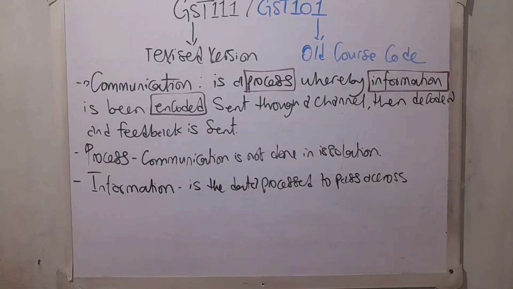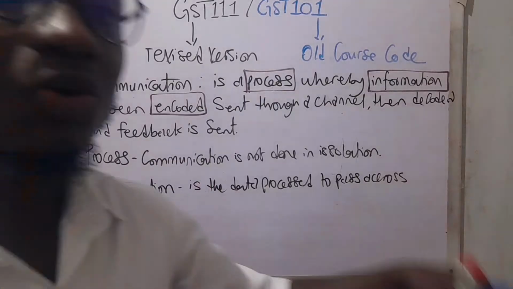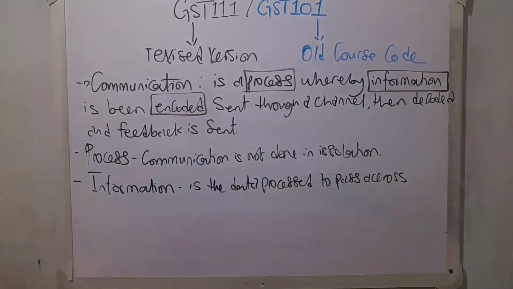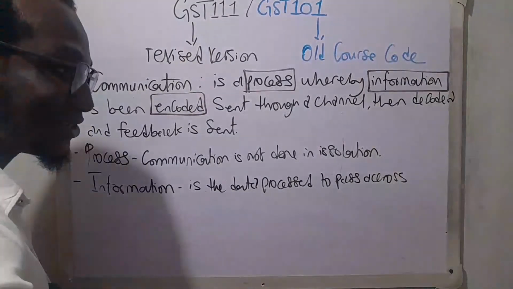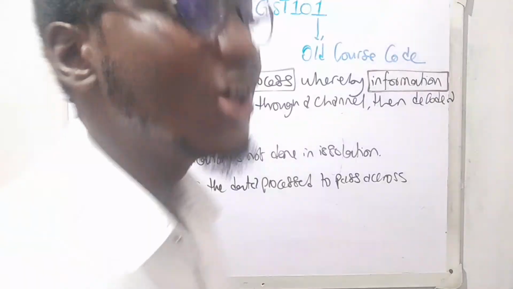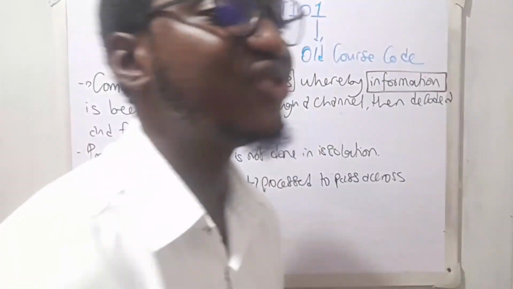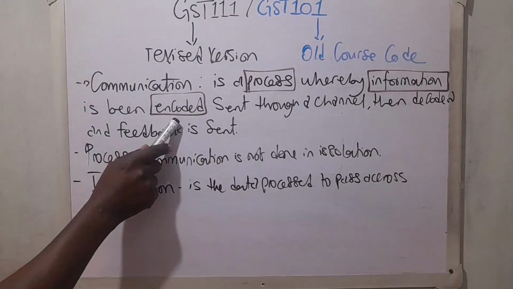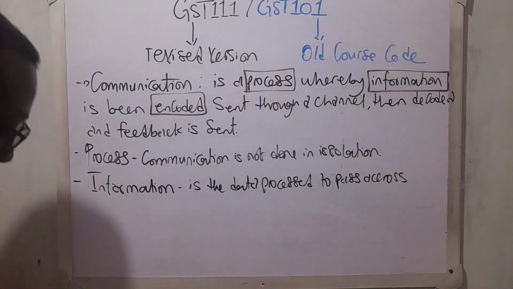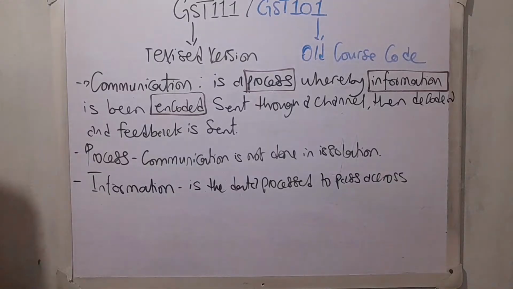It is the data process that you want to pass across, and you have to be intentional about passing it across because that is where it now makes sense. So for something to make sense, you have to be intentional about your presentation. All right. So it's about the presentation now that leads us to encoding. So that leads us to for you to encode the information.